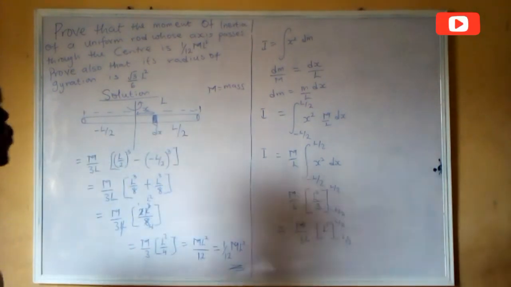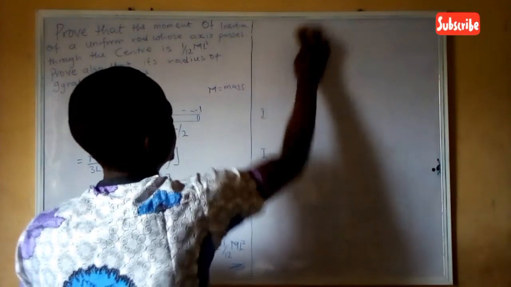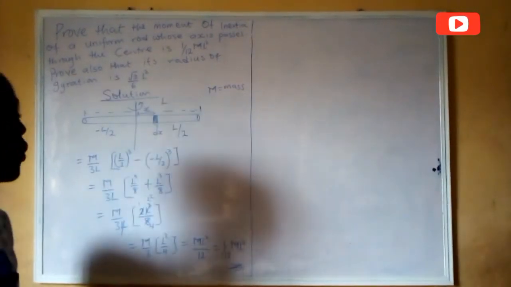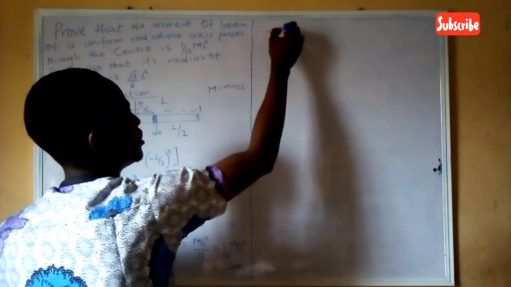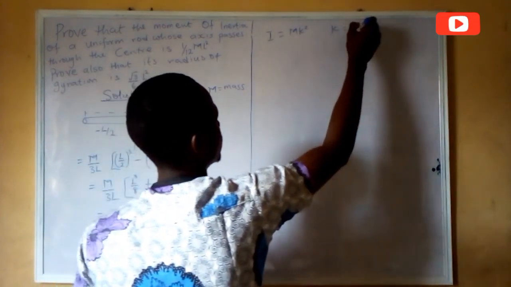Now, we were also asked to prove that the radius of gyration of this particular rod is √3/6 L. As we all know, I is also equal to mk squared, where k is the radius of gyration.